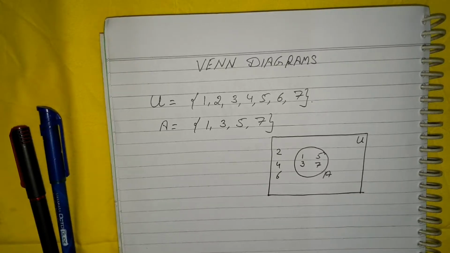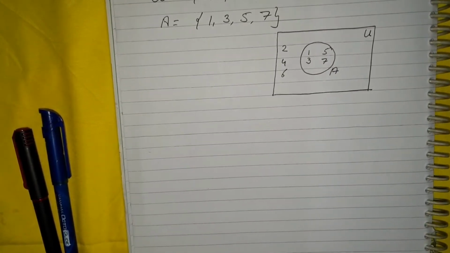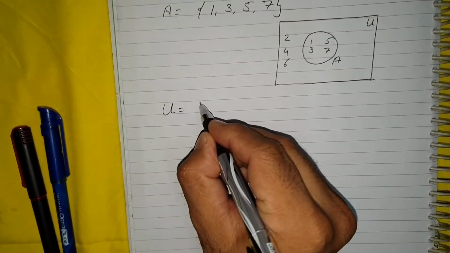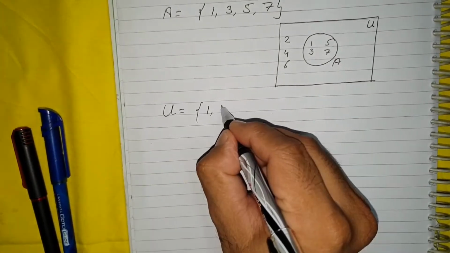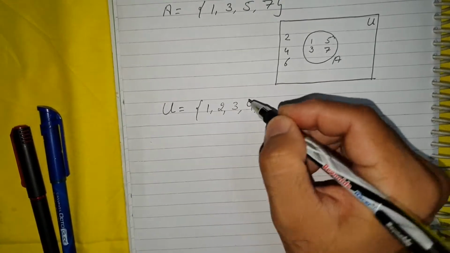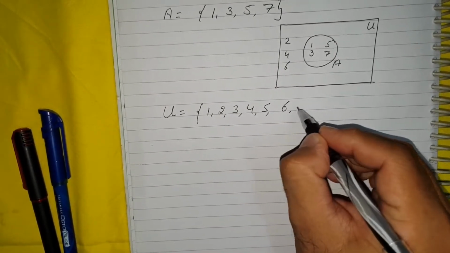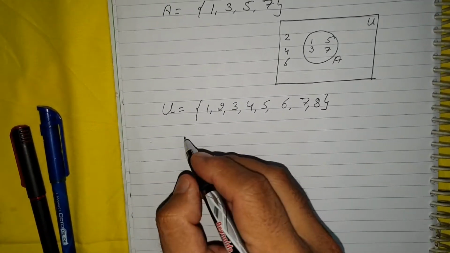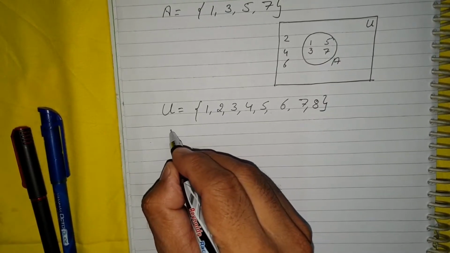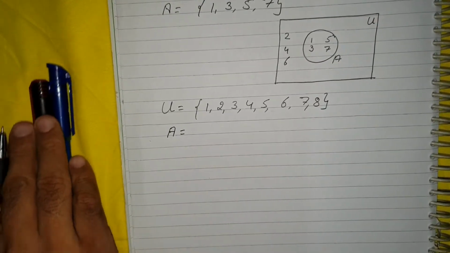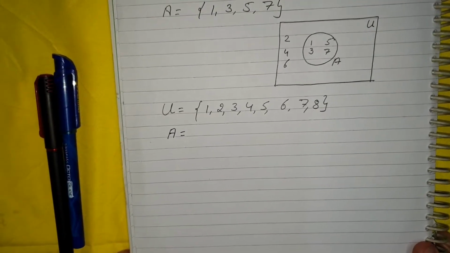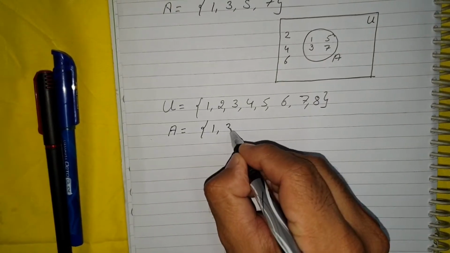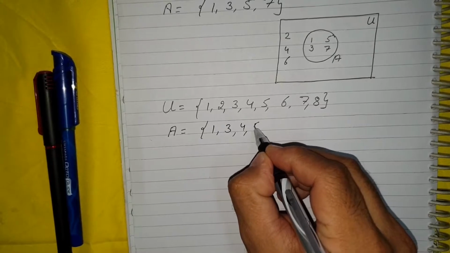Now I'll show you another example. Let the universal set be 1, 2, 3, 4, 5, 6, 7, 8. Now take A as a set: 1, 3, 4, 5.